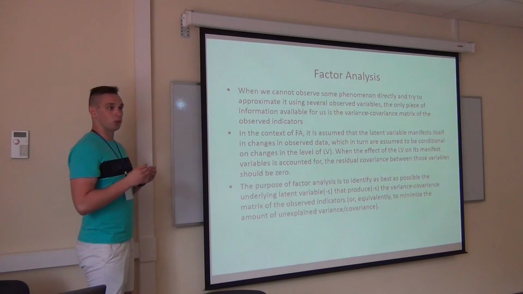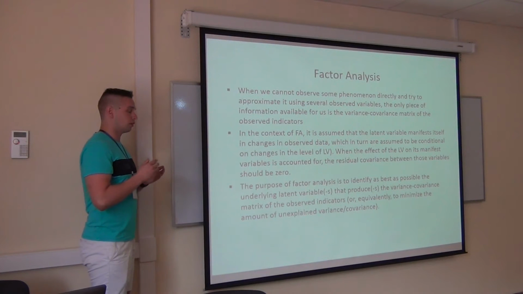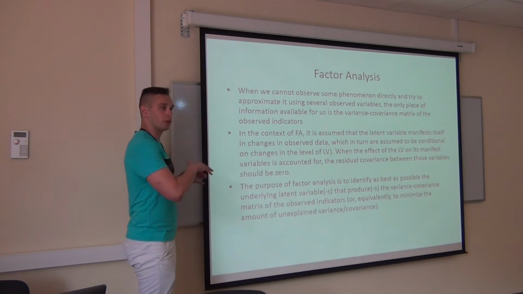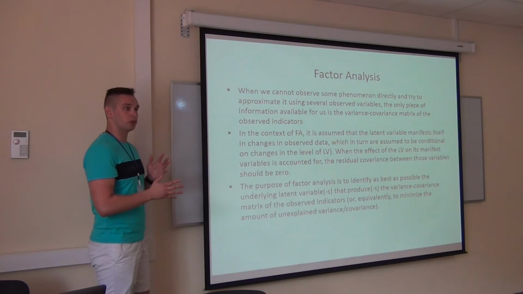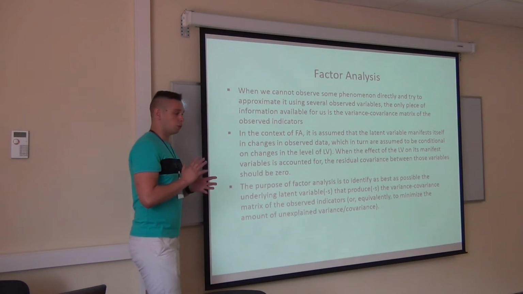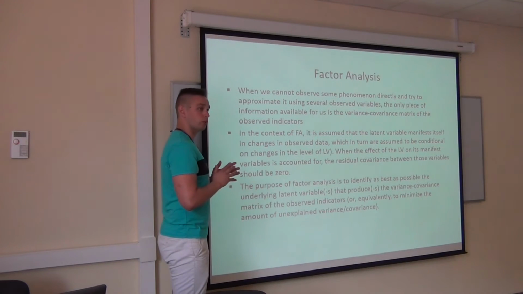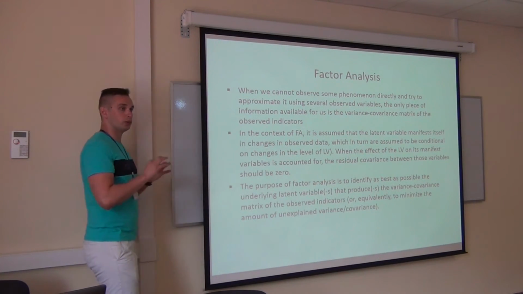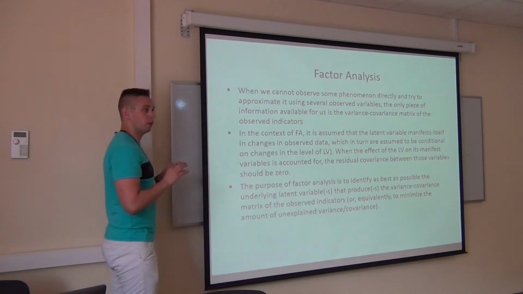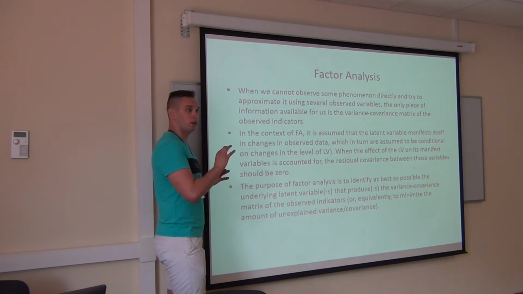It simply means that we can explain this high correlation by referring to the latent concept of religiosity. And when we account for this latent factor in our model, the observed correlation between these two indicators, believing in God and believing in hell, should disappear.